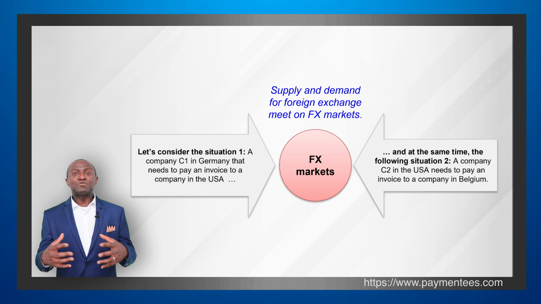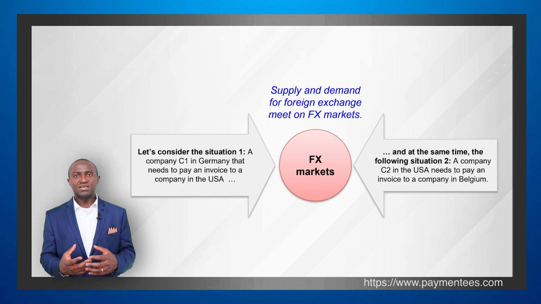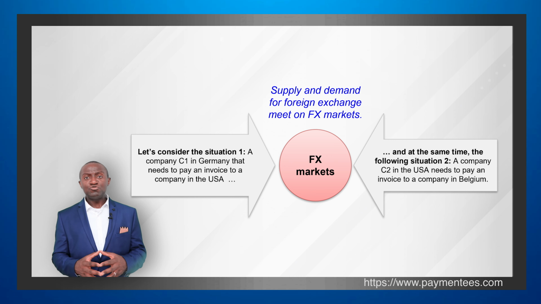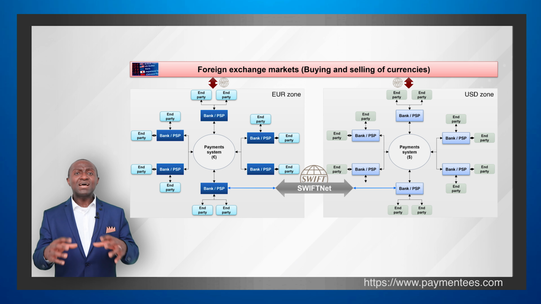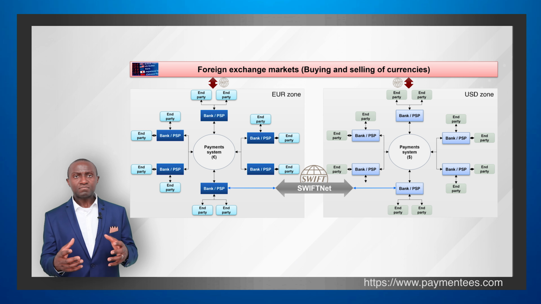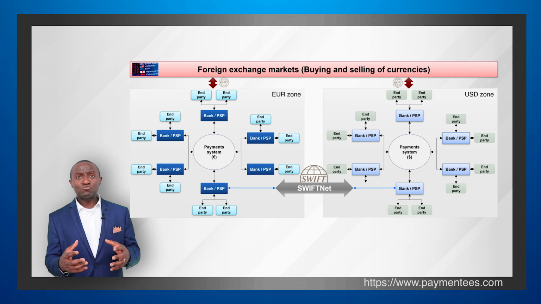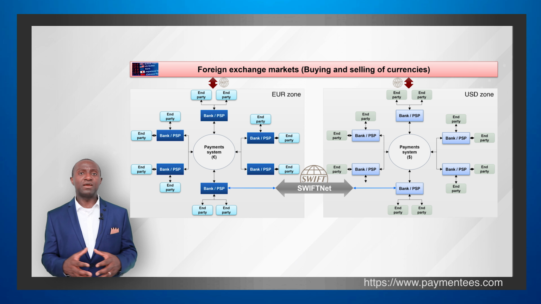Both companies need to purchase foreign currencies in exchange for the local currency. To do that, they can go to the FX markets directly or through their bank, because that is the place where supply and demand for foreign currencies meet. In other words, it is the place where currencies are traded.